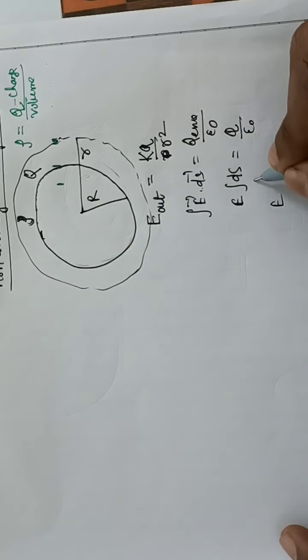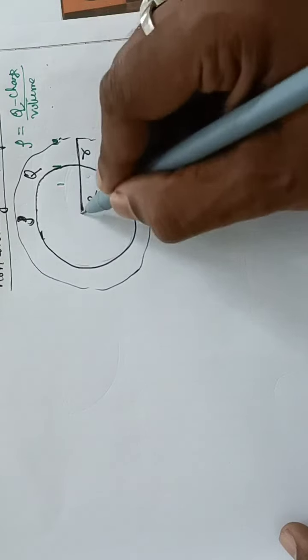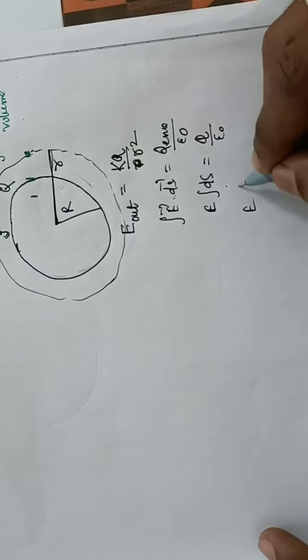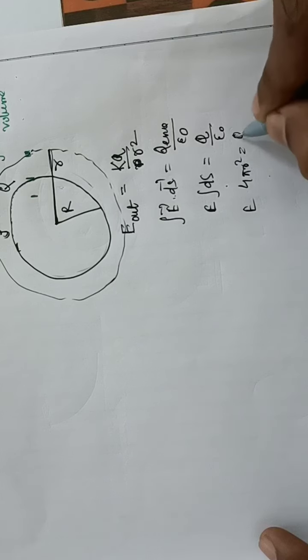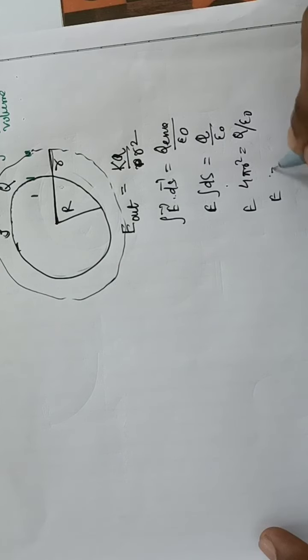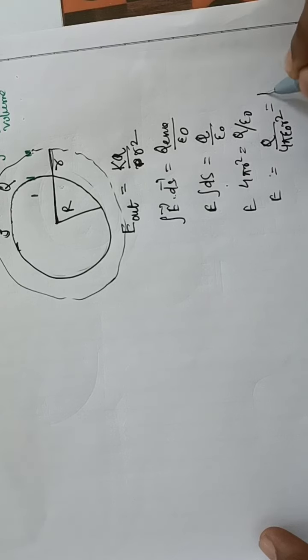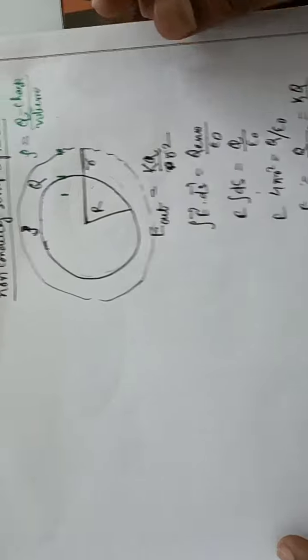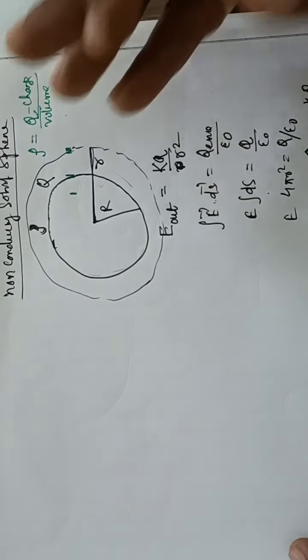The Gaussian surface area is 4 pi r square, so I will get q upon 4 pi epsilon naught r square, that is kq upon r square, like a point charge. This is pretty obvious when we observe from a larger distance.